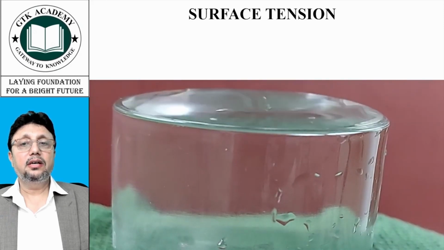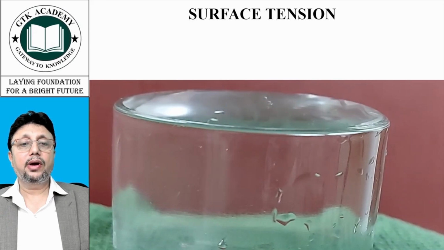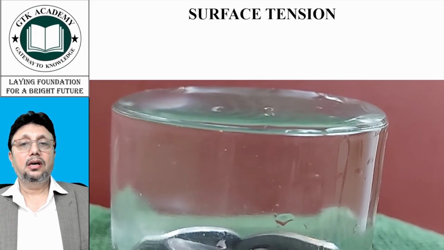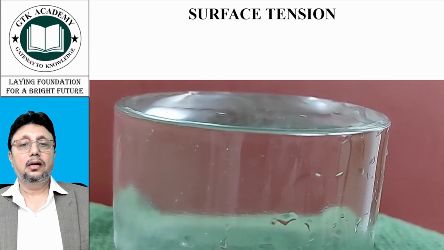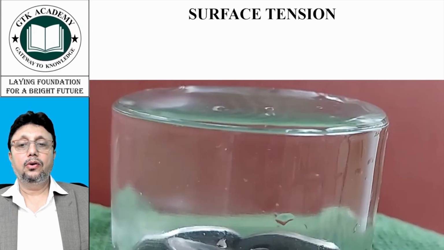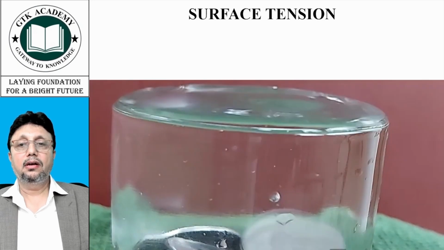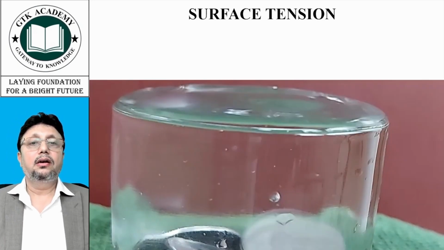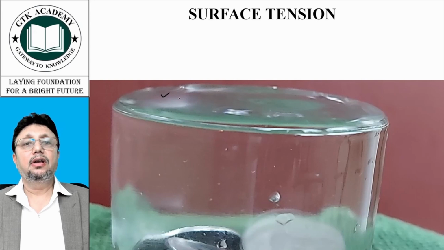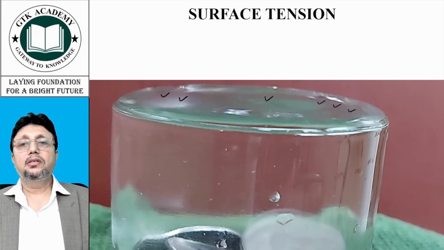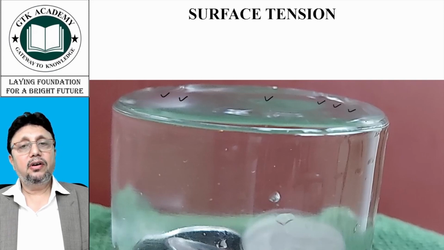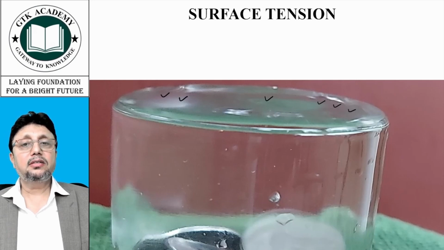Just see, as we put more and more coins, you can see the effect here. As I have put more coins and the water has risen above the surface of the glass, but still it doesn't come out.